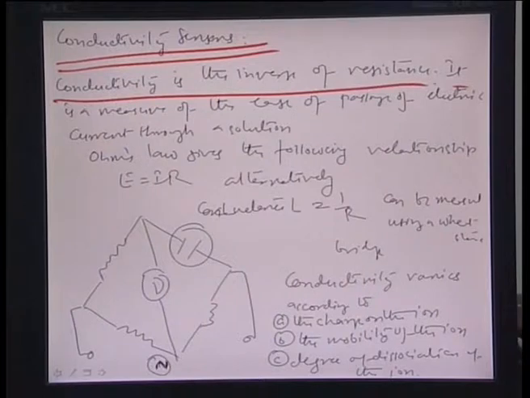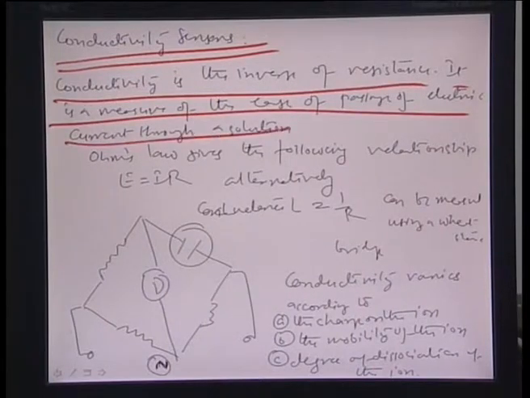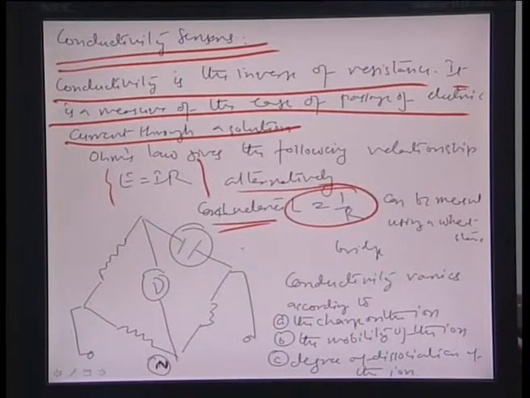It is a measure of the ease of passage of electric current through a solution, and all solutions obey Ohm's law. Alternatively, the conductance relation would be E by L, where 1 by R is equal to L essentially. So Ohm's law can be written in terms of conductivity as I equals E times L.